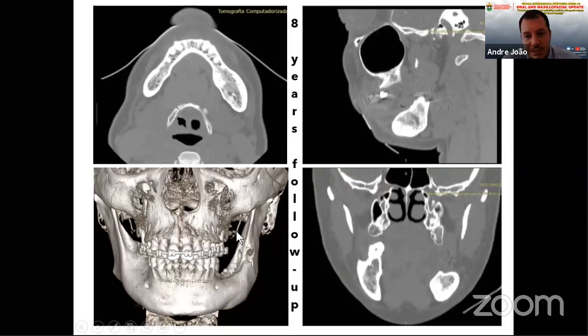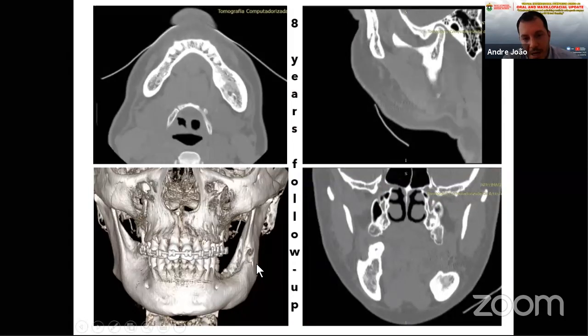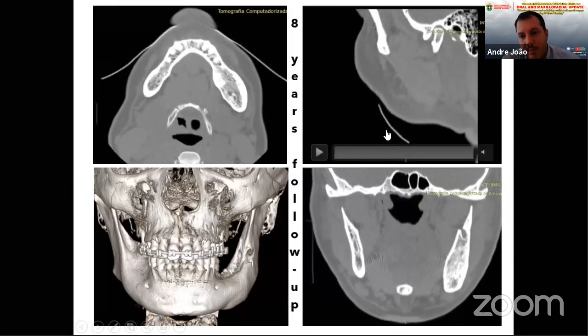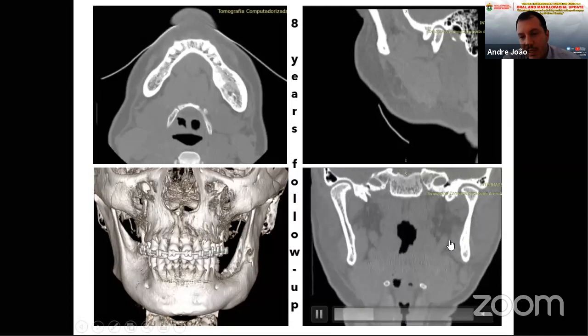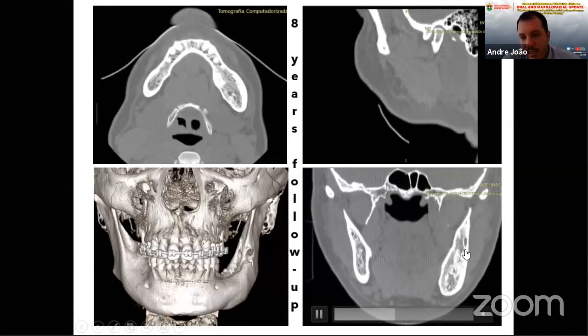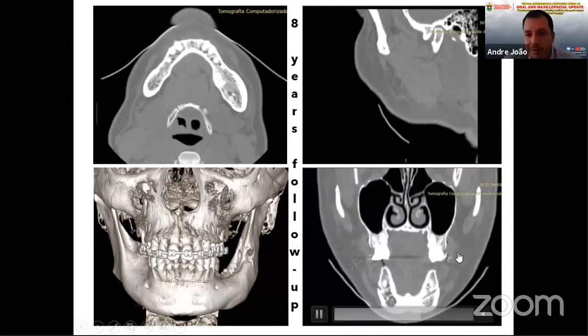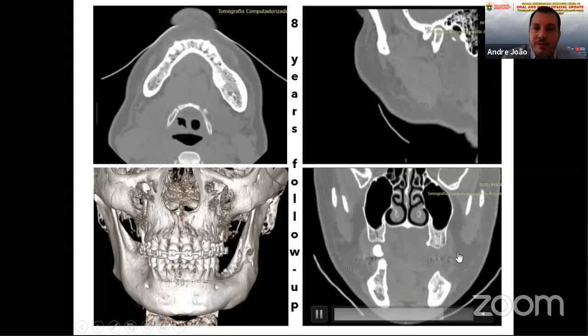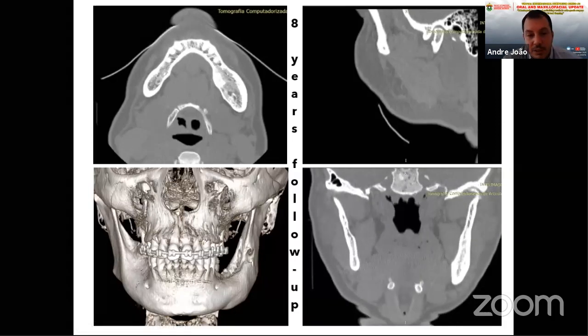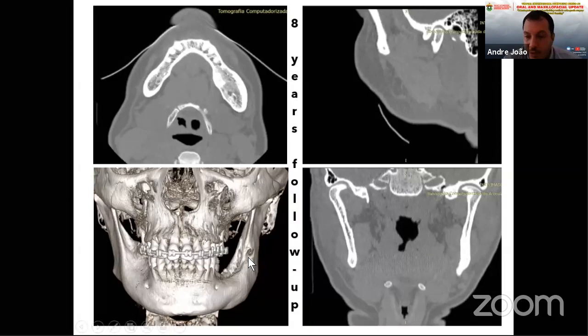If you look here, we can see there is a small defect, but if we follow the cuts, you can see that this defect is our inferior alveolar nerve. So for me, it's not a recurrence.